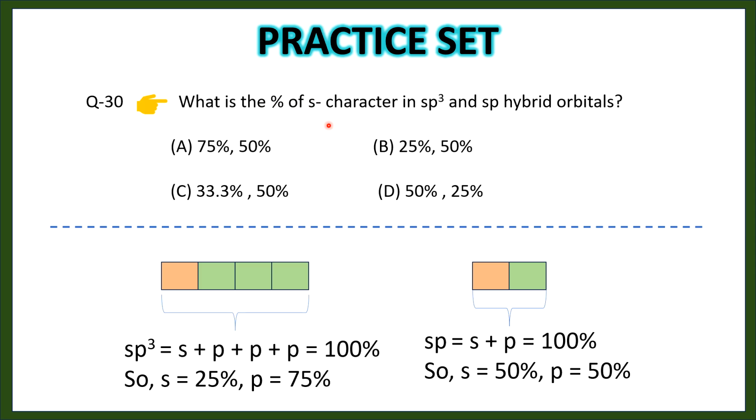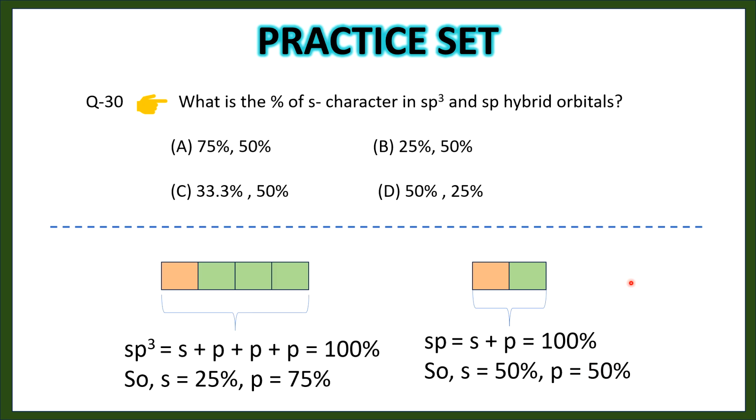Now question number 30. What is the percentage of s character in sp3 and sp hybrid orbitals? We could see sp3 is one s and three p, overall 100%, so it contains only 25% s character and 75% p character. In case of sp, total 100%, so s is 50% and p is 50%.